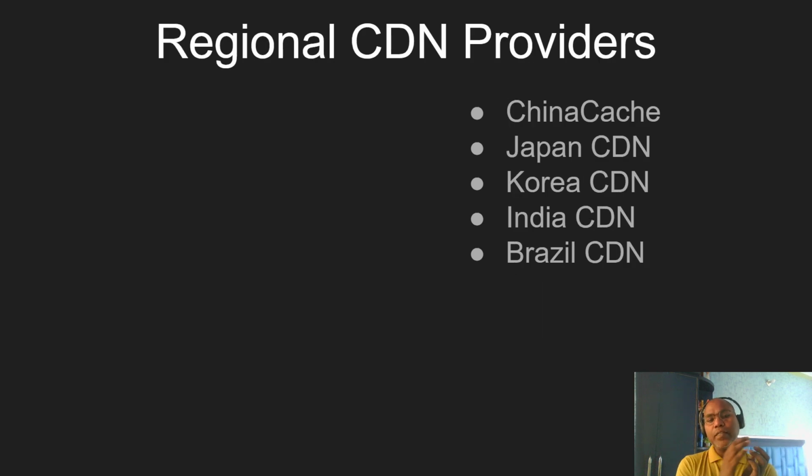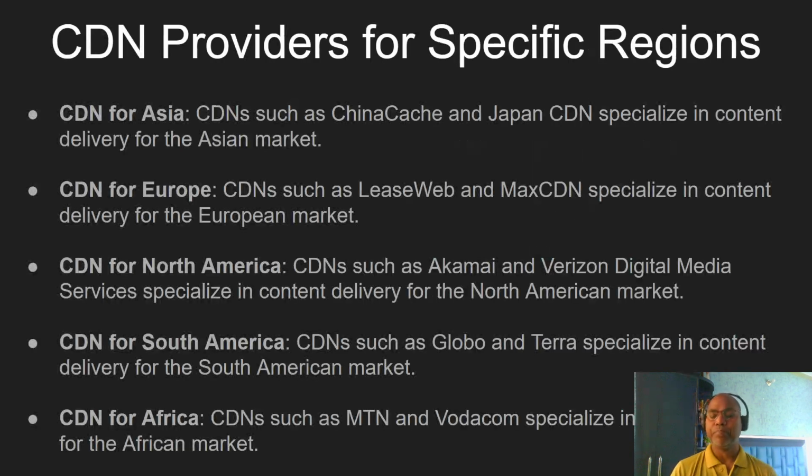And depending on the nature of your application, you can think of different regions. You can select a CDN provider region-wise: maybe the China region, Japan region, Korea region, Indian region, and Brazil region. CDN providers also have specific continents.